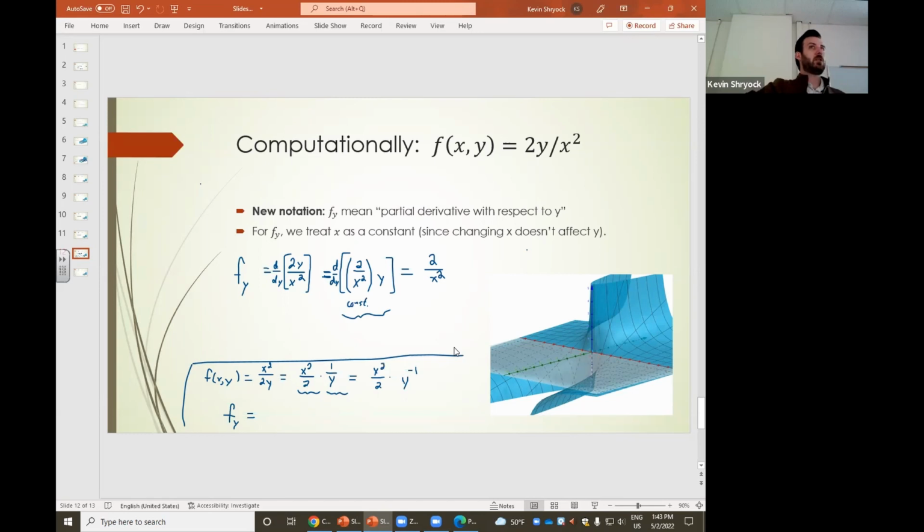Number comes to the front and I multiply by it, decrease the power. So then this entire thing becomes negative x squared over 2 times y to the negative second. Right. Same exact rules. The importance is that we just got a slightly different storyline. Nothing too crazy, thankfully.